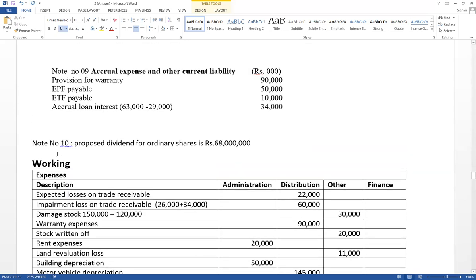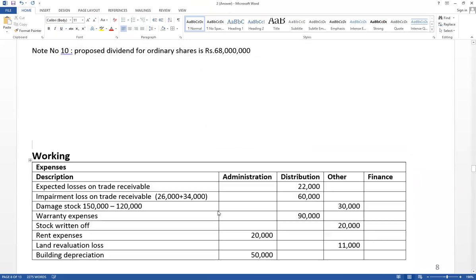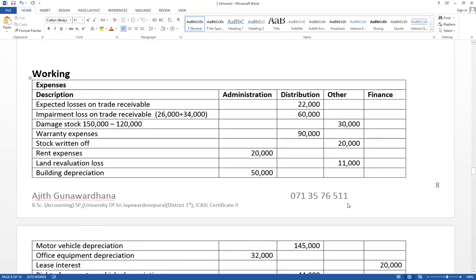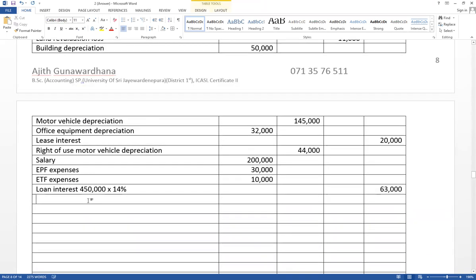Under finance expense, debenture interest should be included: 520,000 into 19%. That value should be included under finance expense. Therefore, 98,800.